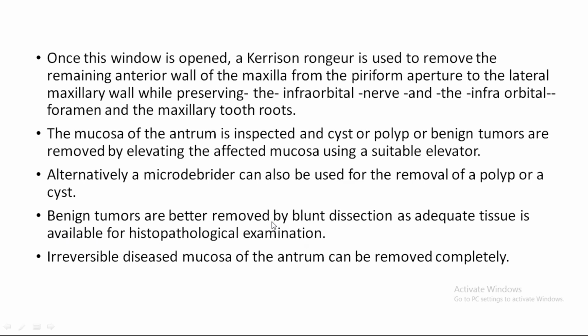You just dissect out, and you can use a Luc's forceps to grasp the elevated mucosa along with the tumor, and pull it out piecemeal. In irreversible disease, the mucosa of the antrum can be removed completely. That should be your goal, because if you leave some mucosa, there is every possibility that it will recur.